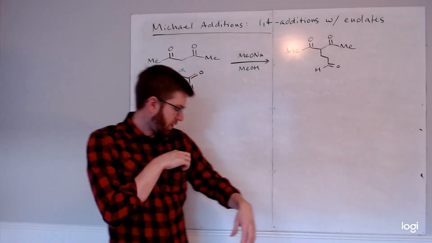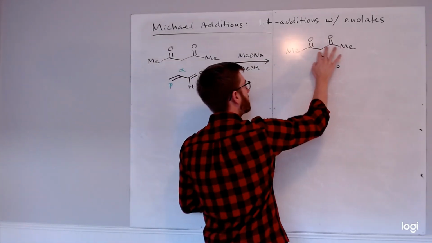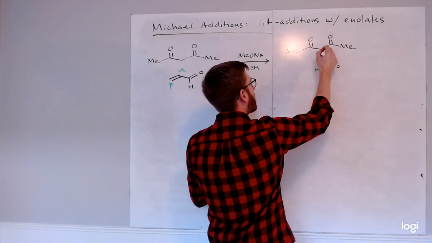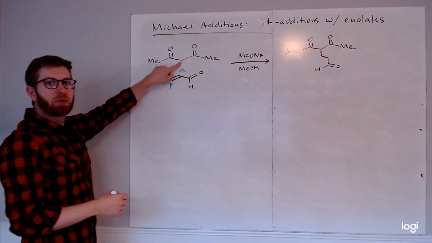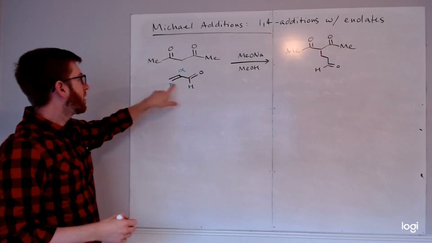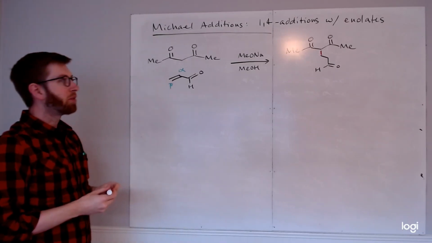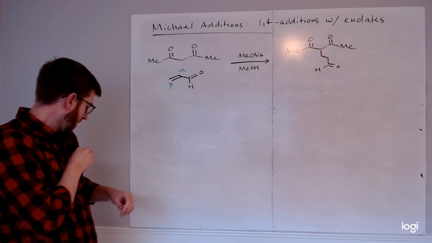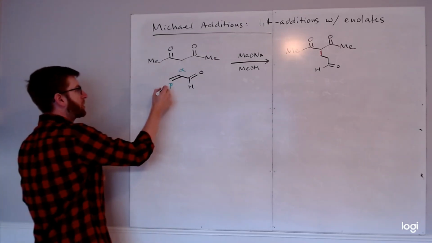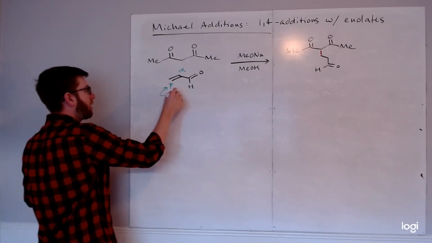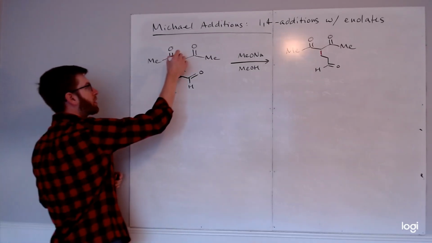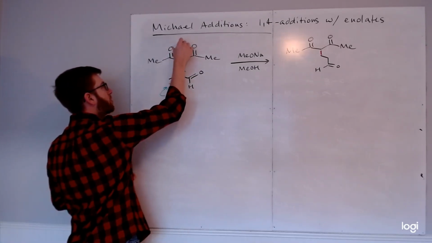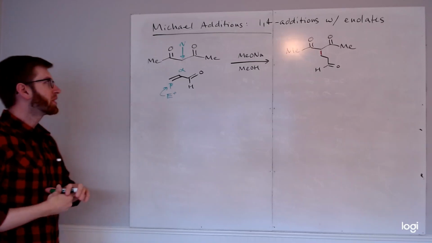So the first thing that I'll notice here is that there's a new CC bond between the position here, between the carbonyls, and the beta carbon of my enal. So that means that my beta carbon is probably electrophilic, as we've been talking about in this SLO, and that means that this carbon here must have been nucleophilic. But right now it's not.